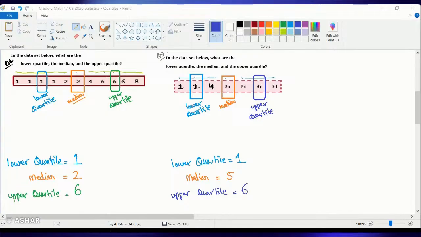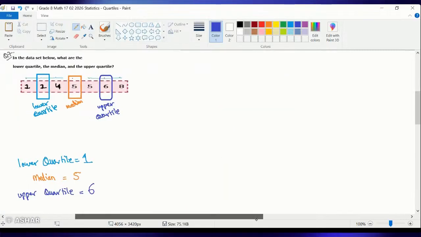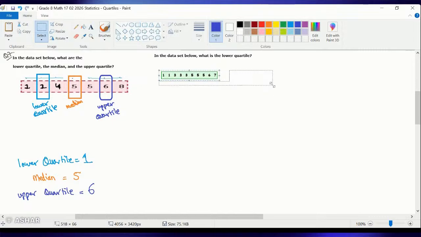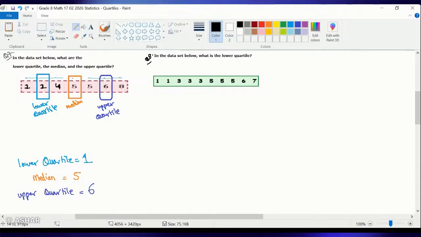Okay. For the next question, the given values are even, they are not odd. When they're even, we will just find the upper or the lower quartiles, okay? Question number 8. If this was the information that is given to us, let's count the number of options: 1, 2, 3, 4, 5, 6, 7, 8, 9, and 10.